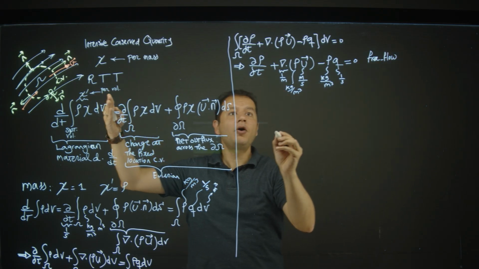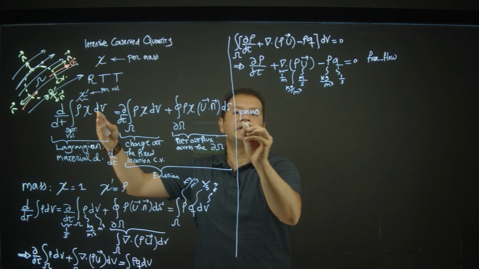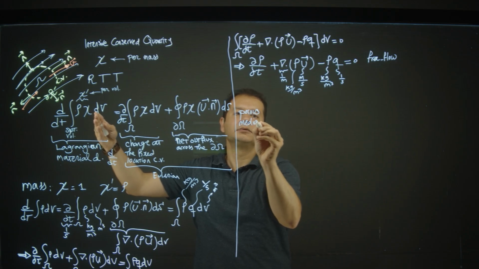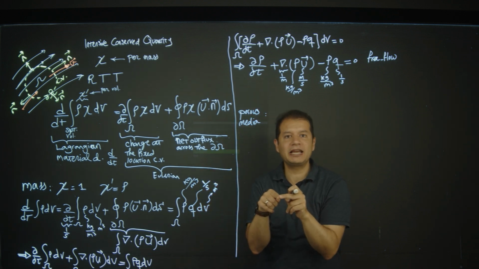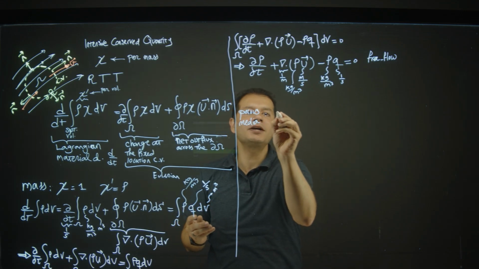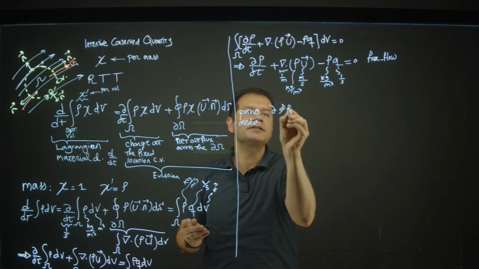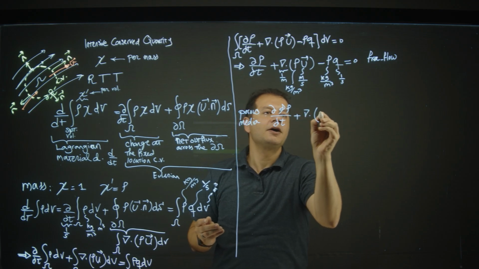If I have porous media, then not all of the space of the control volume is available for me for flow and storage of X, etc., but the porosity part of it. So it will be porosity rho over time plus divergence of rho.